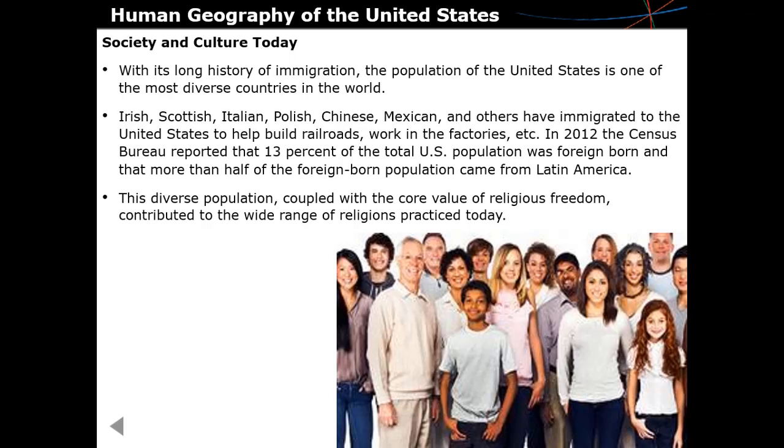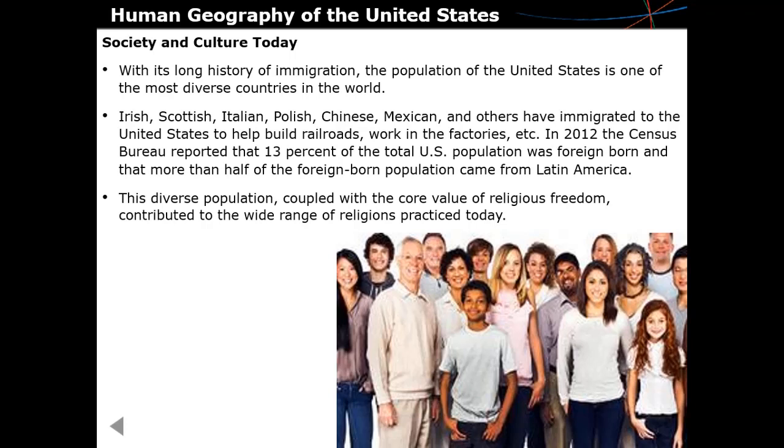Other people have immigrated to the United States in the 1800s. We talked yesterday about how they helped build railroads and work in factories. In 2012, the census reported that 13% of the United States population was foreign born, meaning they were born outside of the United States, and that more than half of the foreign born population came from Latin America, so Central and South America.